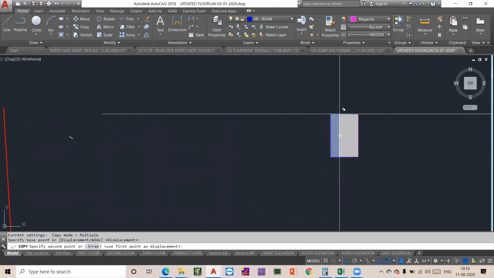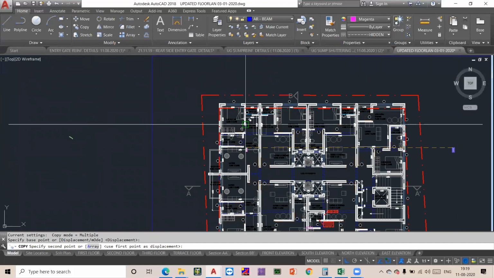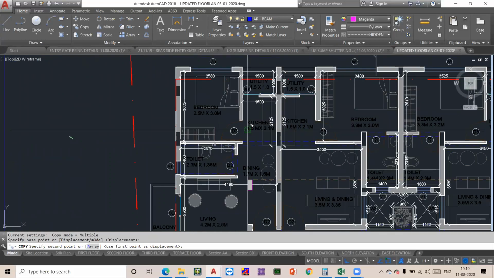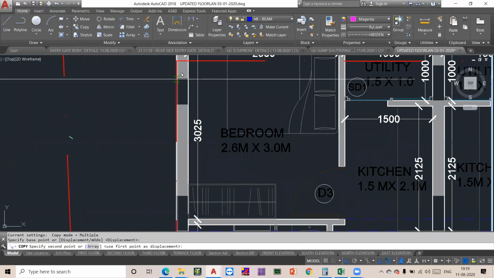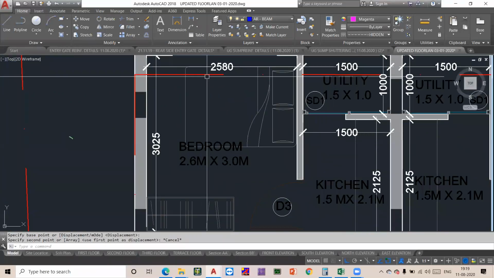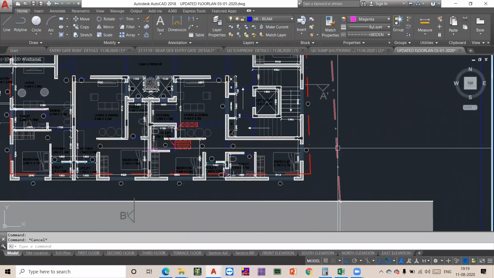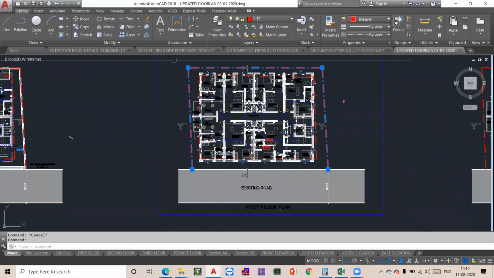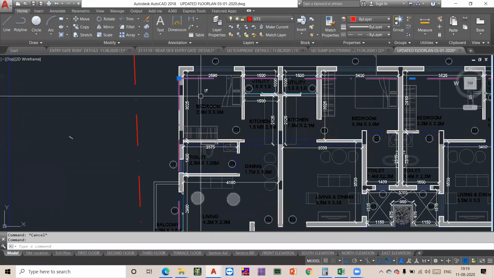Okay, and we are starting the column positioning from one corner of the building. Let's say I will be, see, this line, you can notice this is the property line of this side, wherein this line is the setback line.